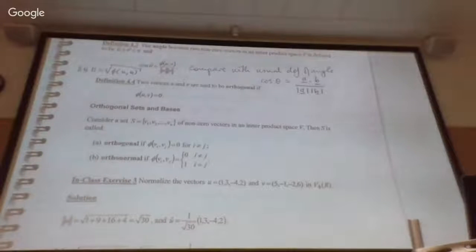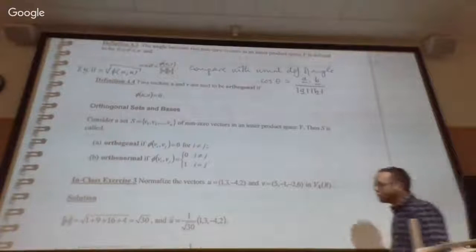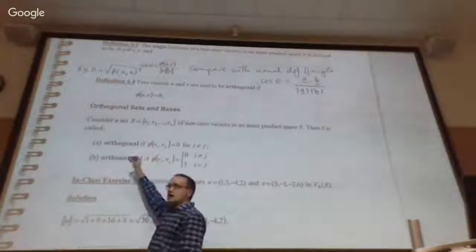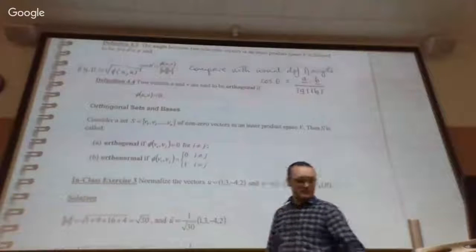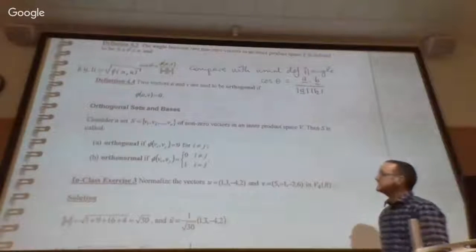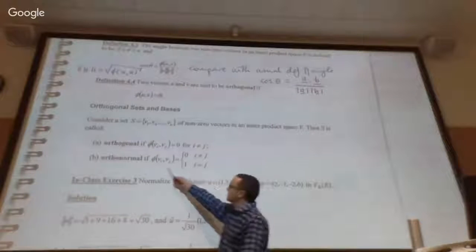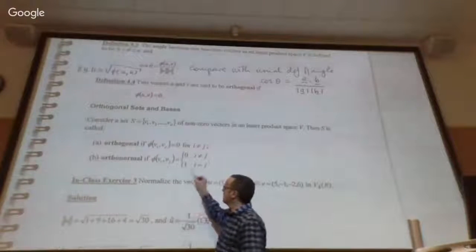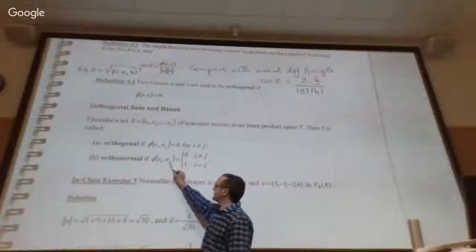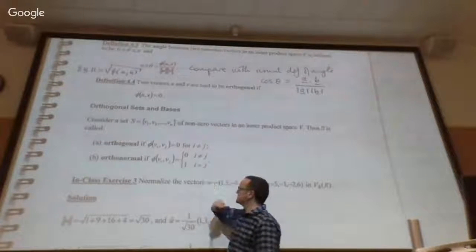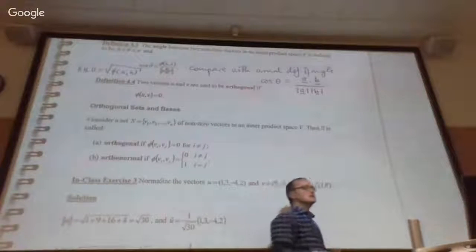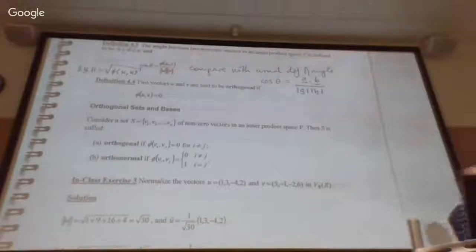Orthogonal is a general condition. A specialization of that is the notion of orthonormal. So orthonormal means orthogonal plus an extra bit. The extra bit is that not only are the vectors orthogonal, meaning the inner product of any two different ones is 0, but if you take the inner product of any vector with itself, so this is when i is equal to j, it is equal to 1. So when you take the square root of that, you get the norm of the vector.